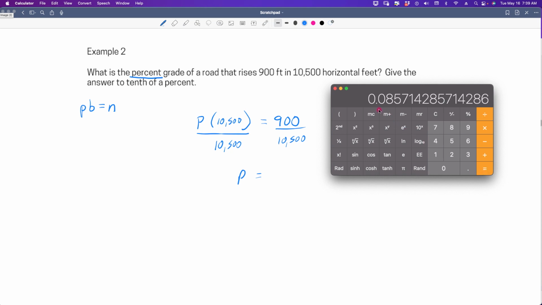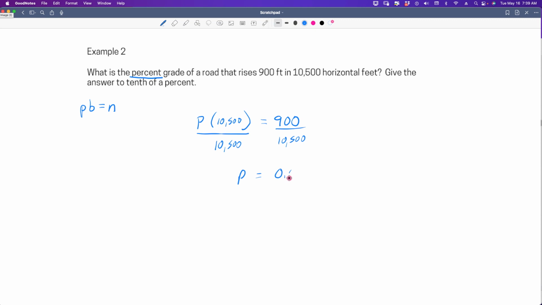And that gives us this big, long decimal. But we're going to round it to 86. The 7 right here, we don't need that. So it's going to be 0.086. But when we turn that into a percent, remember we move the decimal place 2 spaces. So the percent is equal to 8.6%.